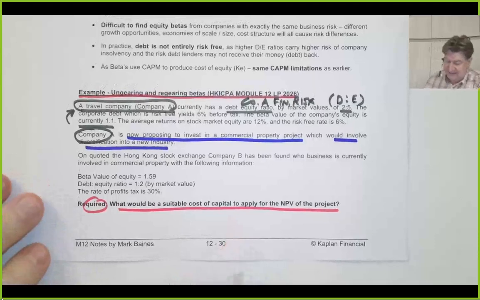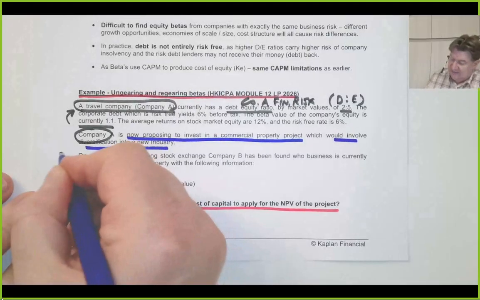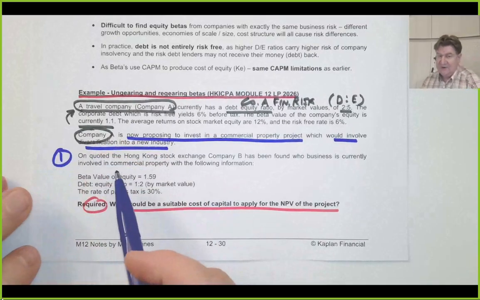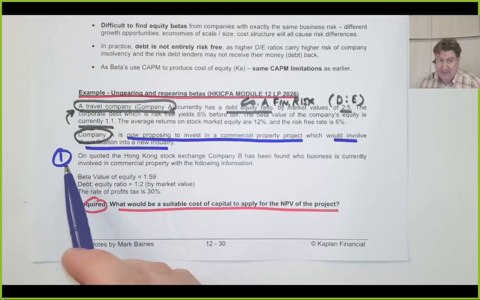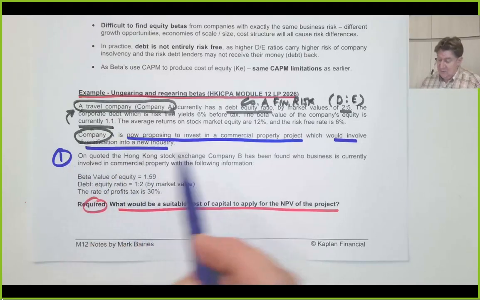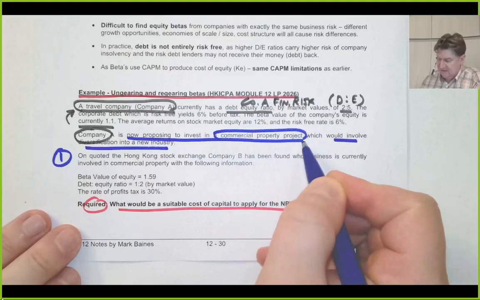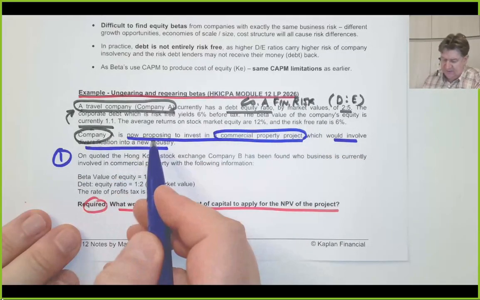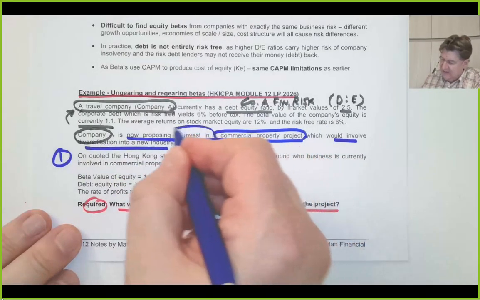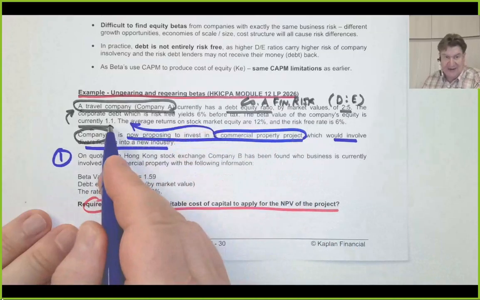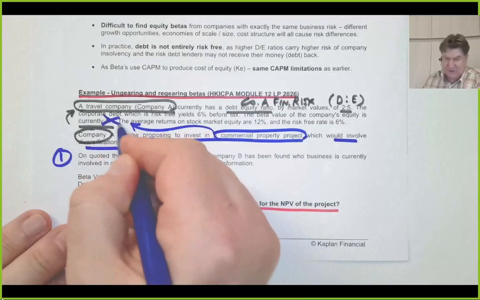What that means, in a second, is step 1: we now need to find the beta of a company that works in that industry, commercial property. Because commercial property will not be represented by that beta there. We cannot use that beta.